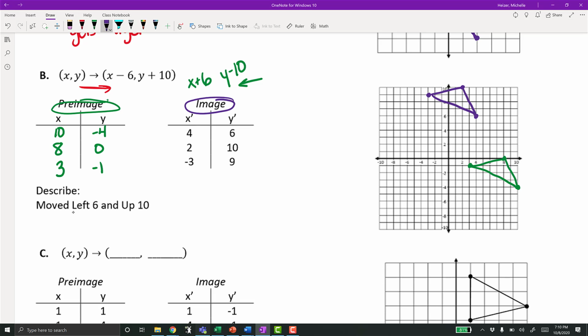We want to check whether this agrees with the fact that we moved left 6 and up 10. I start with my pre-image and go to my image, and yes, it goes up 10 and left 6. So we're all set. We did it right.